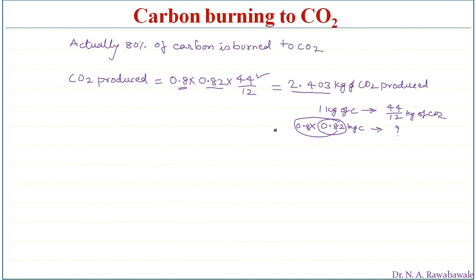So this is one thing we have obtained: carbon dioxide produced per kg of fuel. If we burn 1 kg of fuel, it produces 2.403 kg of carbon dioxide.